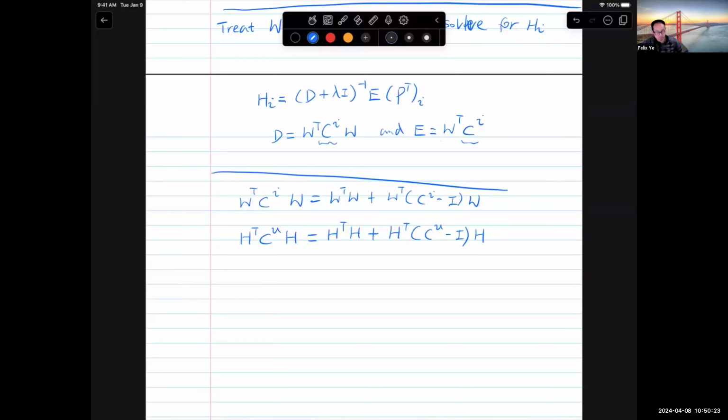So the key is these two are actually independent. They are independent of each user and each item, can be computed independently, and we can pre-compute everything.